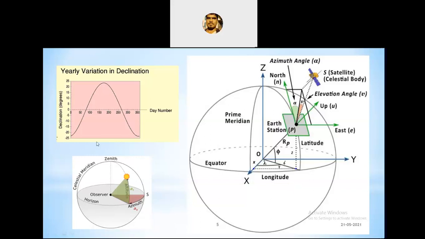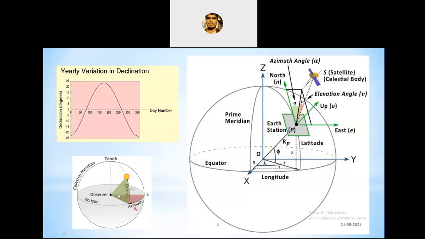It is the angle between the line extending from the center of the sun to the center of the earth and the projection of this line upon the earth's equatorial plane. So this is the origin, the center of the earth and the center of the sun.